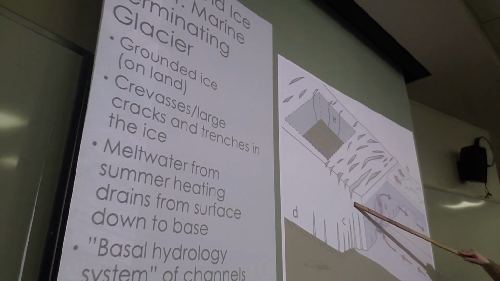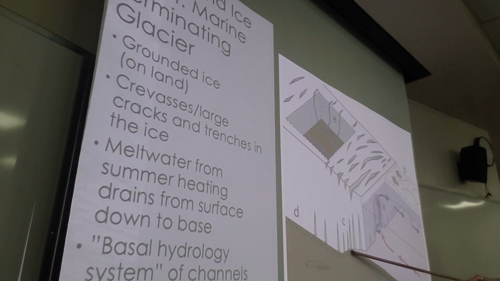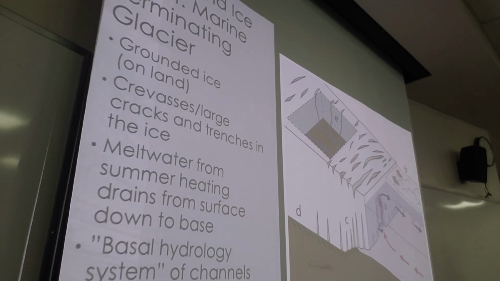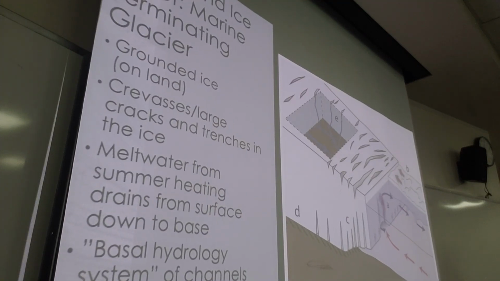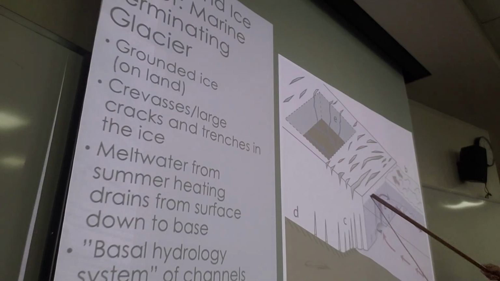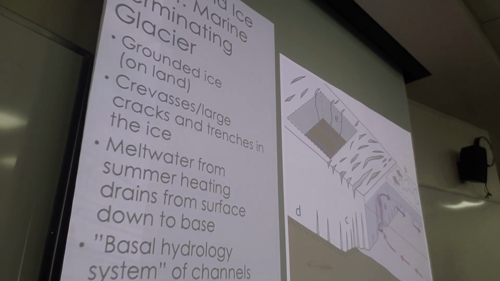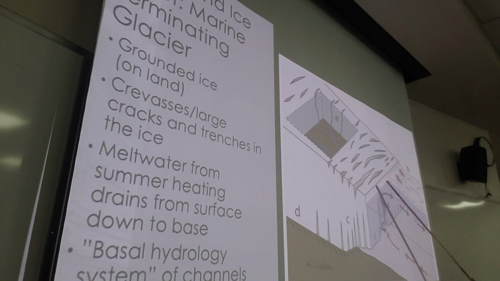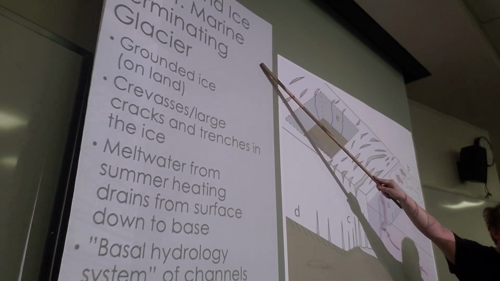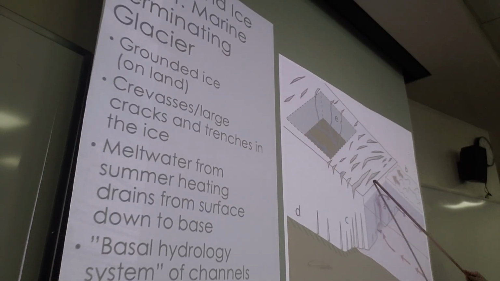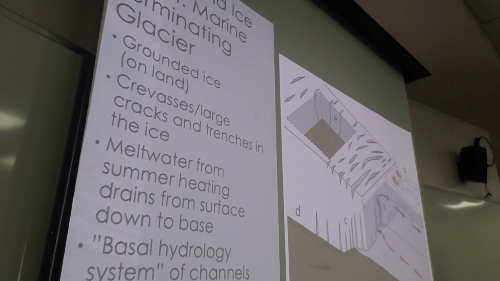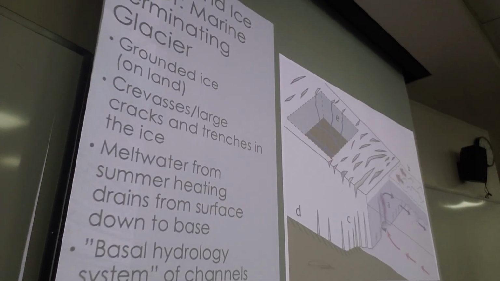And then the ice extent goes to a certain point, and then the continent might be sinking down, going on towards the continental shelf. The ice ends at a certain point, and the end of the glacier actually makes contact with the ocean. So that's what we mean by marine terminating. The terminus of the glacier is where the glacier ends. So it extends far back inland in this direction, and it ends here, that's the terminus. And the terminus runs up against the ocean. So it's a marine terminating glacier.